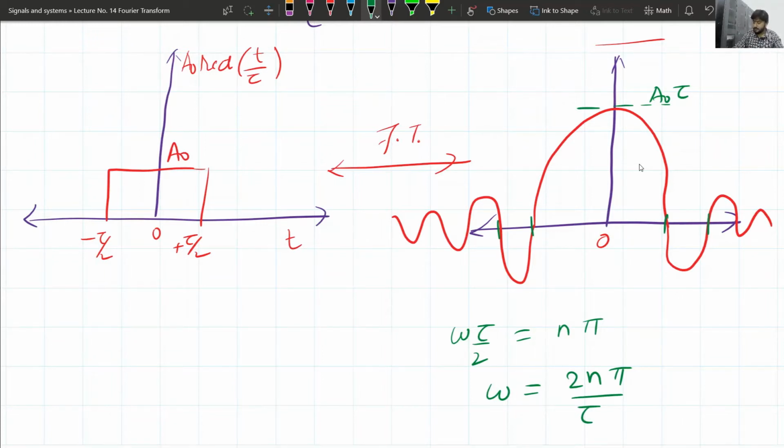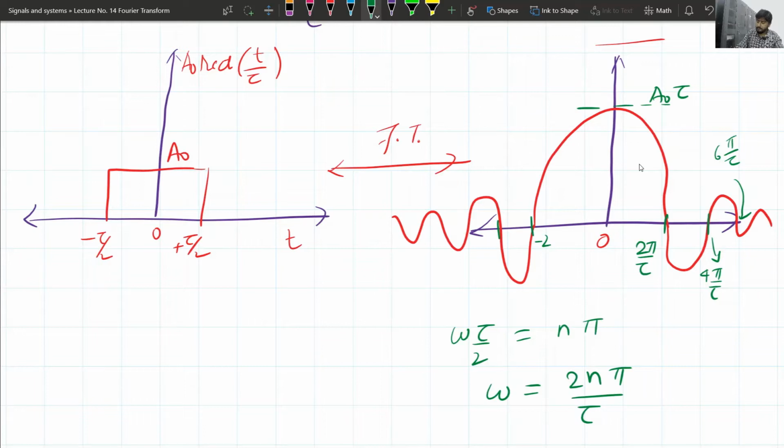So the first will be 2 pi by tau, next 4 pi by tau, similarly this point will be 6 pi by tau.